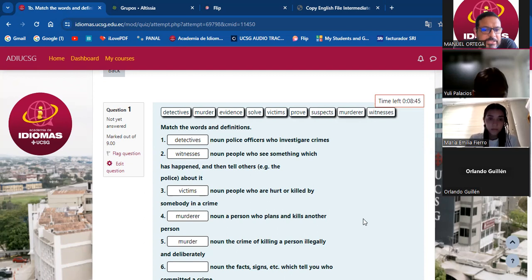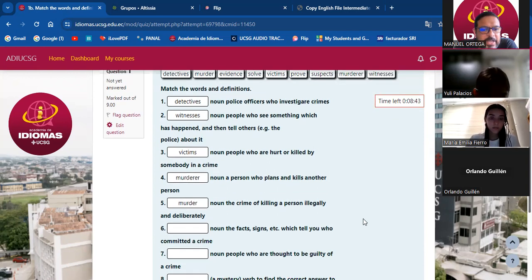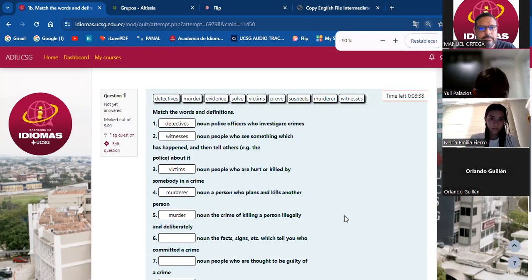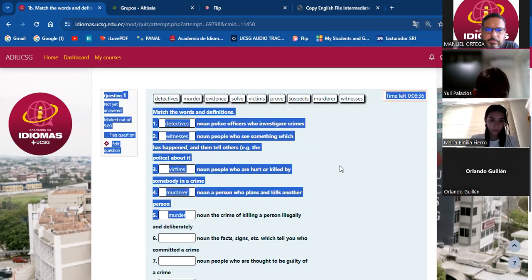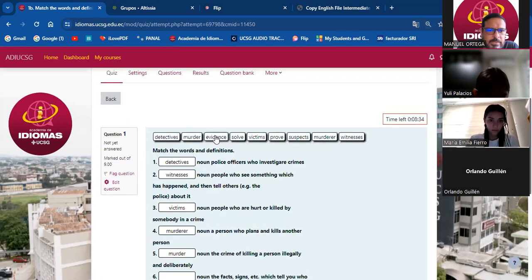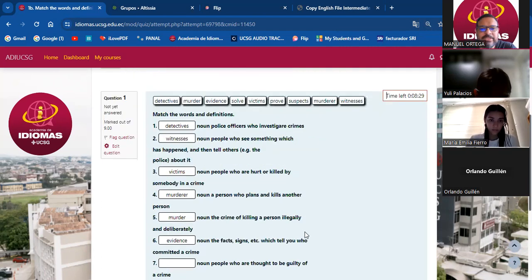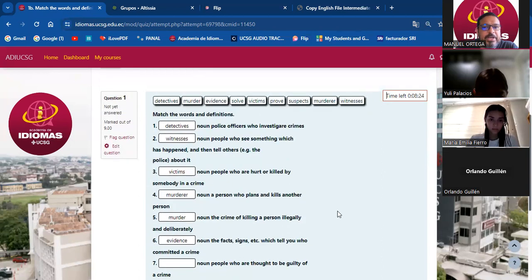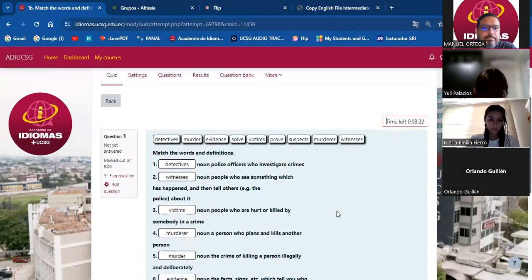Nice. Number 6, the facts, signs which tell you who committed the crime. Evidence. Okay, I place it here, evidence. Number 7, people who are thought to be guilty of a crime. You believe they are guilty of a crime. Suspects. Good option.